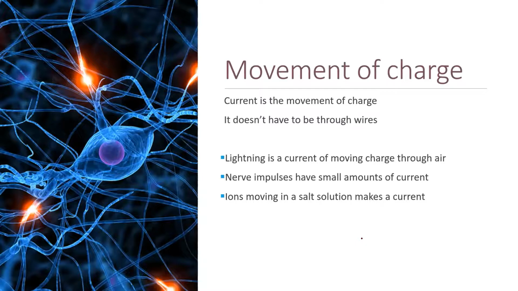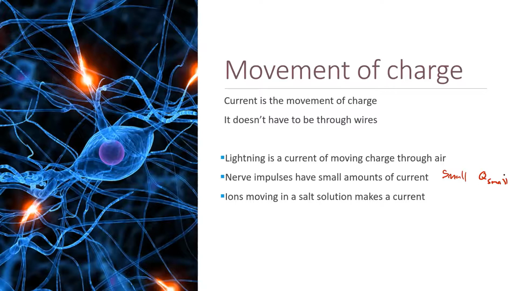So obviously in the nerve impulse, we're going to have a very, very small amount of current. Not because it's moving very slowly, but because the amount of charge, Q, is going to be very, very small. We're going to only have a small amount of electrons that are actually moving.